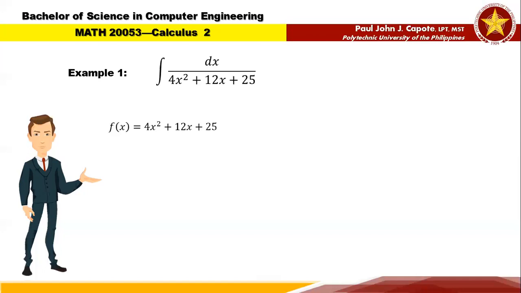Now we let our f of x, or the function of x, equal 4x squared plus 12x plus 25. Now how are we going to apply the completing the square method? Or can we apply the completing the square method in expressing this f of x as a sum or difference of squares? Let's see.